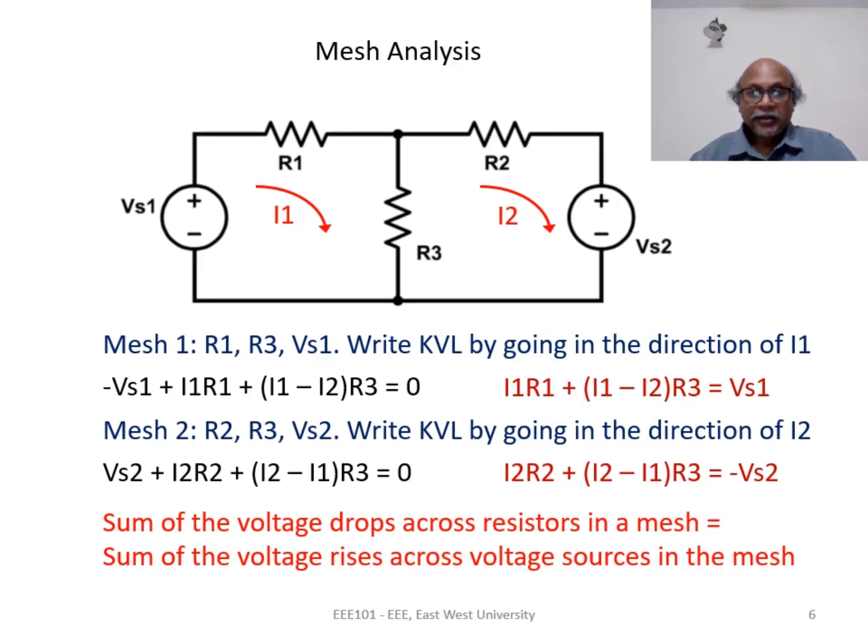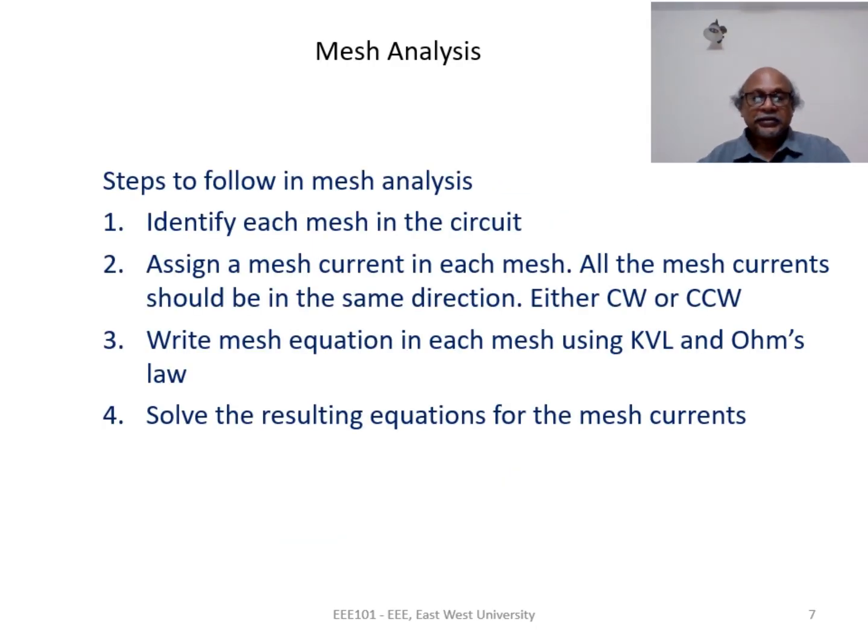Now, if we want to identify the different steps, this can be written in this way. First, we identify the meshes in the circuit. Then we assign a mesh current in each mesh. It doesn't matter whether the current is clockwise or counterclockwise.